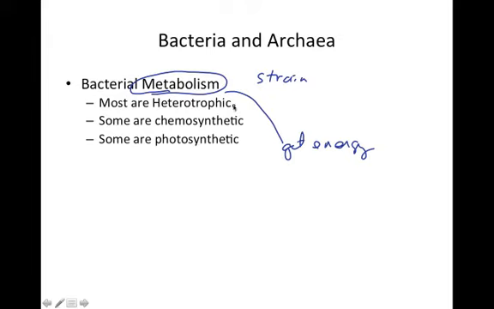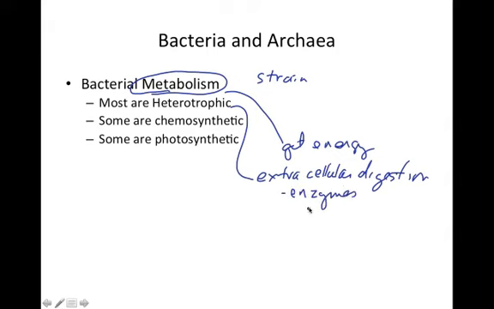The slime can pick up food, and extracellular digestion can occur because these bacteria do not have mouths. So they release enzymes to the outside, and these enzymes break down the organic matter small enough so that the bacteria can then absorb it, usually by active transport through the plasma membrane. The other groups are the chemosynthetic and the photosynthetic. Obviously, the photosynthetic use light, while the chemosynthetic can make their own food, but from things other than light.